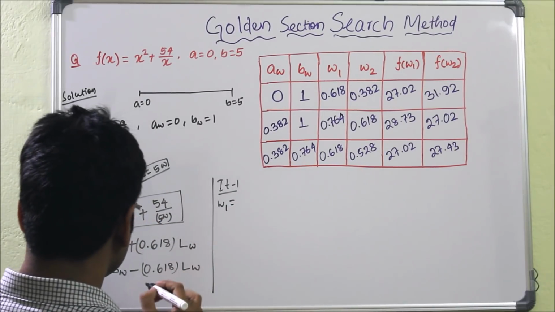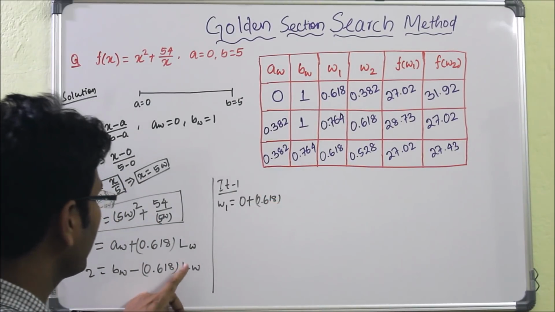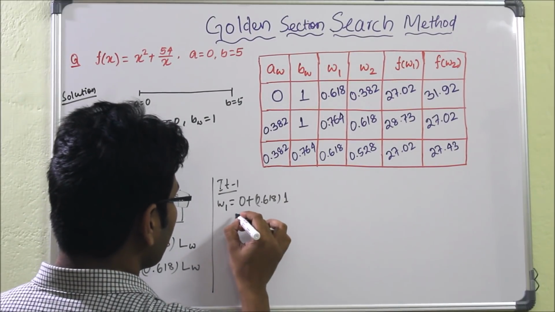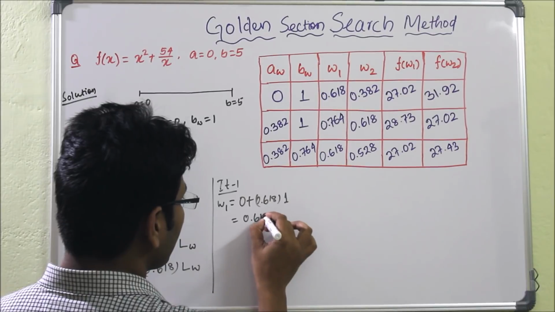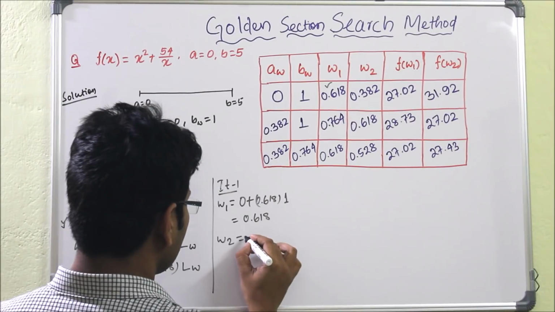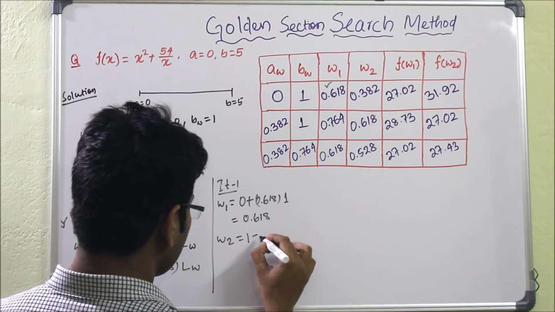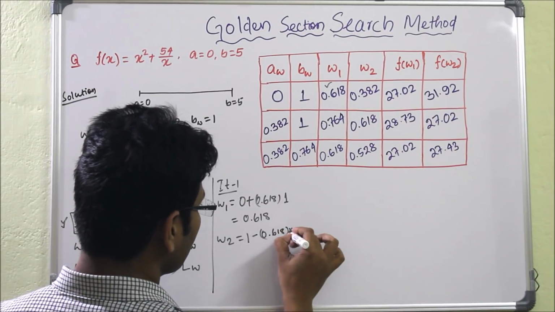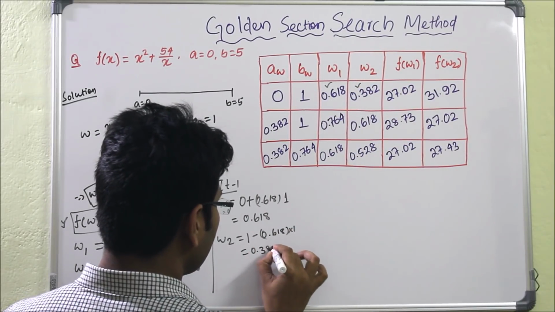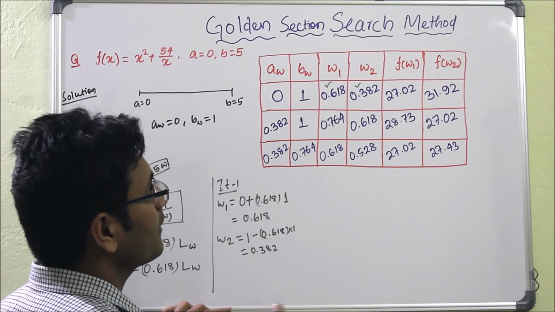So w1 is aw, which is 0, plus 0.618 into lw, and lw is 1, so it will be 0.618. Similarly, w2 will be bw, which is 1, minus 0.618 into 1, so it will be 0.382. Based on these values, we have to find f of w1 and f of w2.